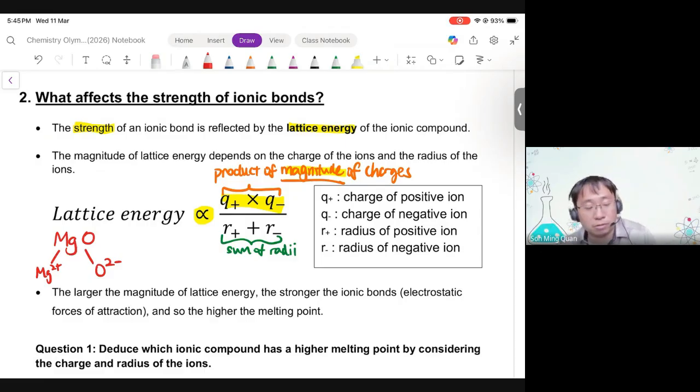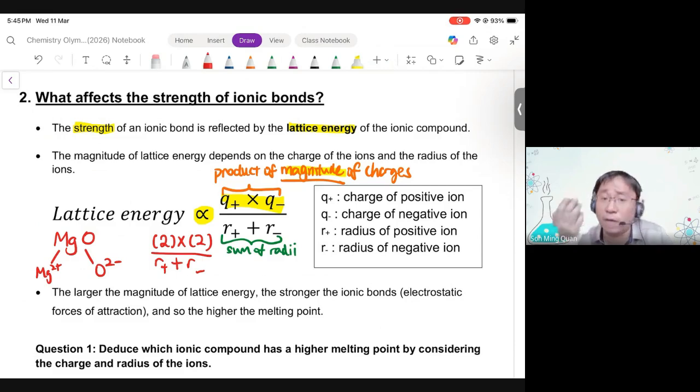So what do I multiply? I will multiply 2 times 2. I don't want the plus, I don't want the minus. I just take the magnitude. Magnitude means just the number over the sum of the radius, okay? Whatever the radius is. Now, the radius of ions can be found online.